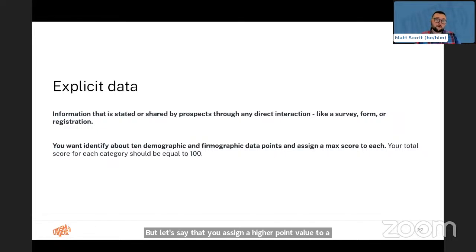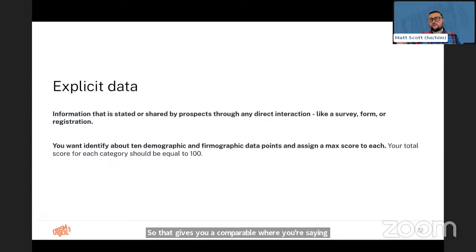If you have a really robust planned giving program, as many nonprofits do, you might assign a value of 10 to someone who is 65 plus in age. You might assign a value of 5 to someone who's between the ages of 45 and 64. So that gives you a comparable where you're saying someone who's 65 plus is more important for our planned giving program.